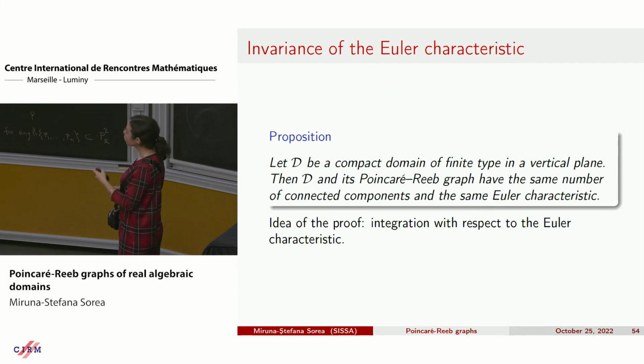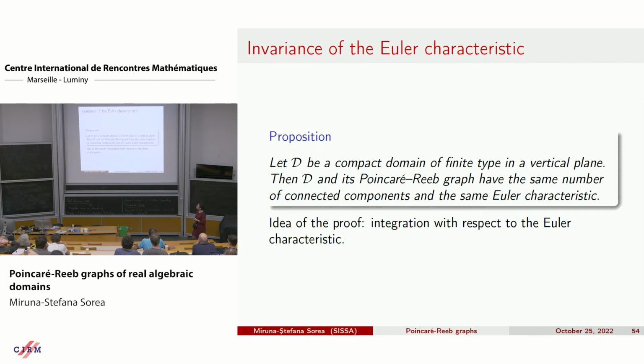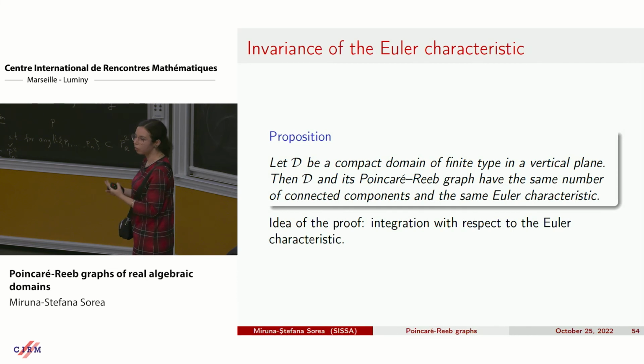What is also interesting in the case of domains of finite type is that the graphs preserve the Euler characteristic of the domain, so it might be a useful tool. By the way, I see as a possibility of application in the future that it might be useful to apply Poincaré-Reeb graphs for non-convex optimization, and the polar curves might turn out to help.